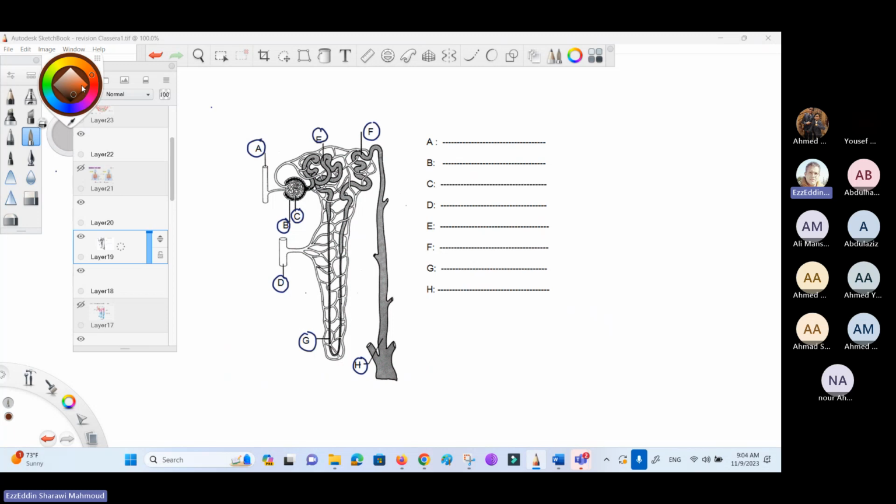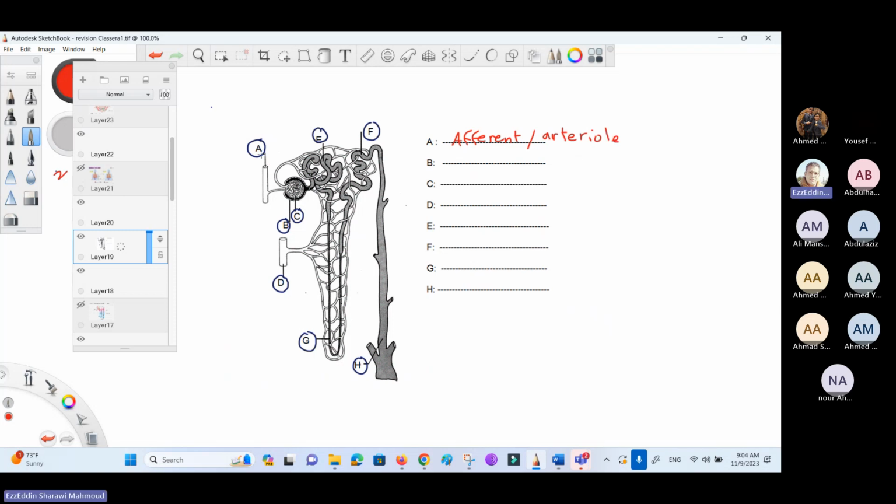Let's change color and start writing the labels. A is afferent. Afferent. People who don't need to write afferent can say renal artery or arteriole.